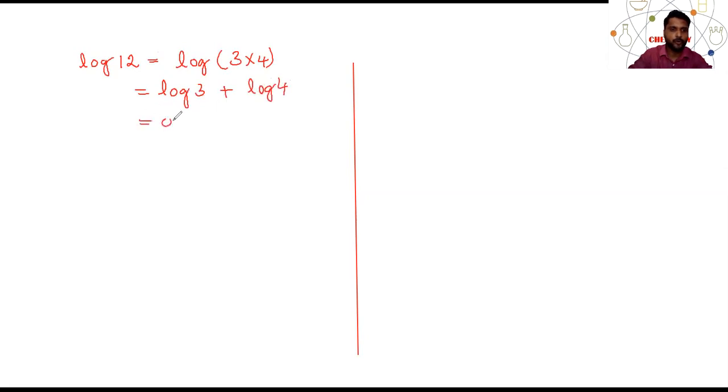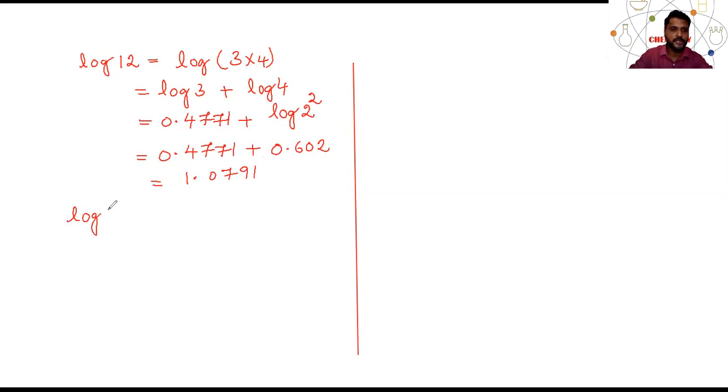Log 3 is equal to 0.4771 plus log 4, which can be written as log 2 to the power 2, which we have already calculated, which is 0.602. So log 12 is equal to 1.0791.